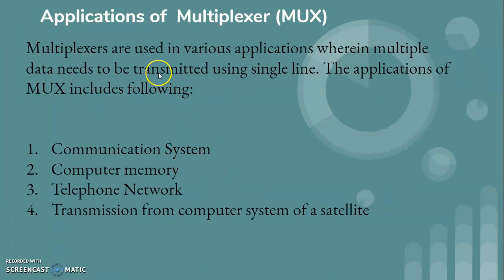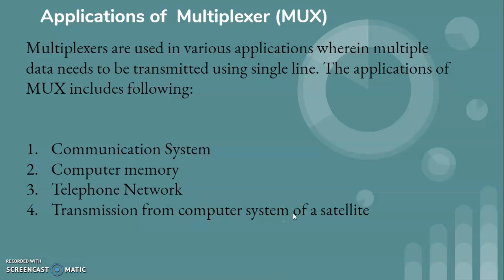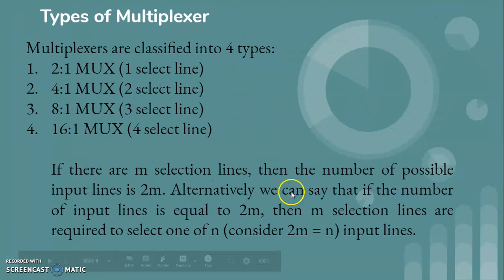Then what are the applications of multiplexers? Multiplexers are used in various applications wherein multiple data needs to be transmitted using a single line. The applications of MUX include the following: communication system, computer memory, telephone network, transmission from computer system of a satellite. Then we will see different types of multiplexers. Basically there are four types of multiplexers: 2:1 MUX, 4:1 MUX, 8:1 MUX and 16:1 MUX.